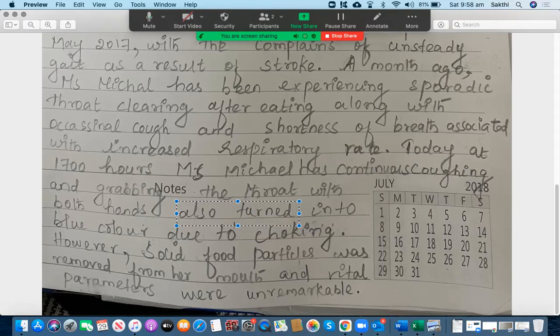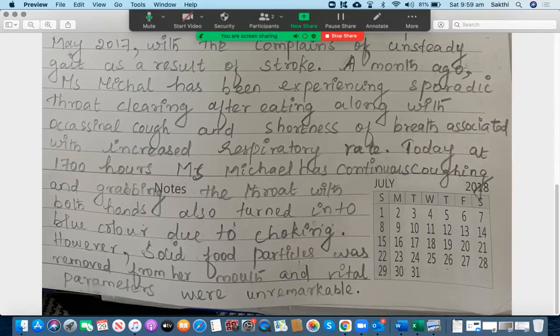You can say blue color due to choking. Okay, all right. I mean, it's not a grammar mistake, but "also" is not needed. But that's okay. I'm not really worried about this mistake because it's a recommendation only. Okay, let's go to the next one.